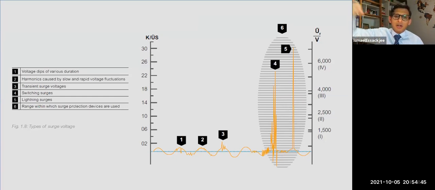When someone switches on a bigger load, like a big motor nearby, a lift, or an air conditioner starting up, it can create a small disturbance in the voltage. It may go up or down, dips or peaks. If this is recurrent, it can damage your circuit board as well.